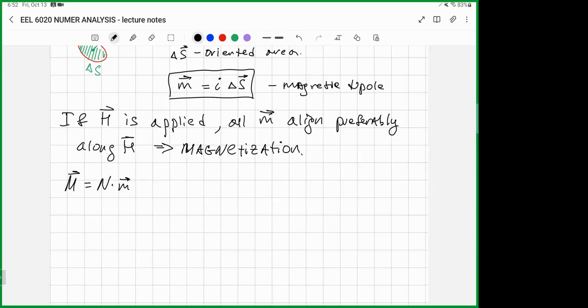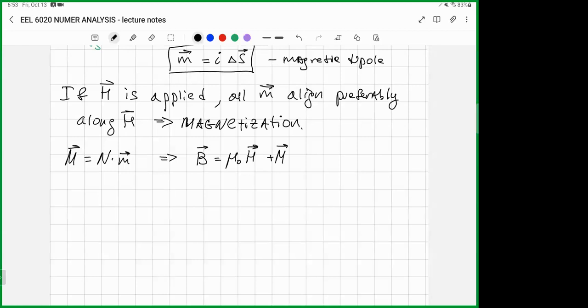And without much derivation, we just add this magnetization vector to the definition of B, the magnetic field, which was equal to mu 0 H. Right, so now I add this magnetization to this formula here. Okay, so the fact that the material can be magnetized leads to this new term in this formula.